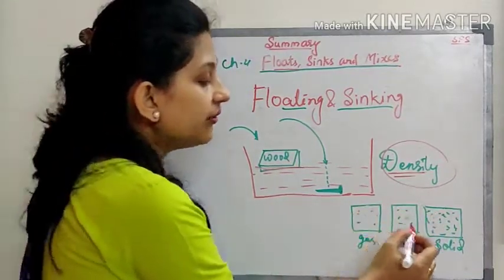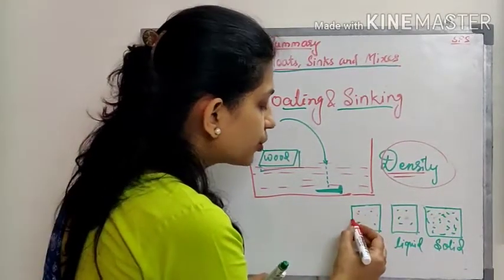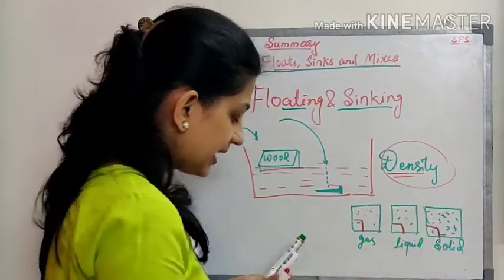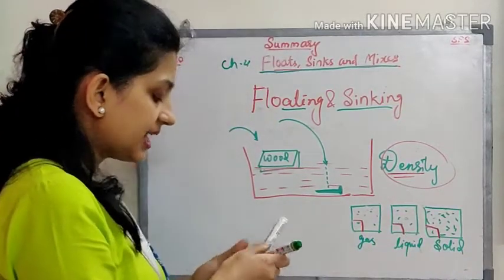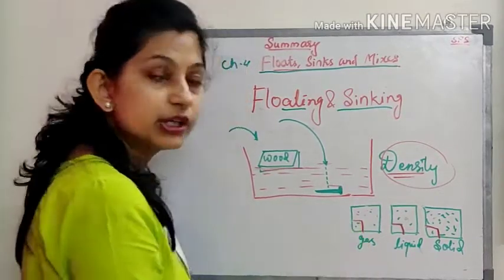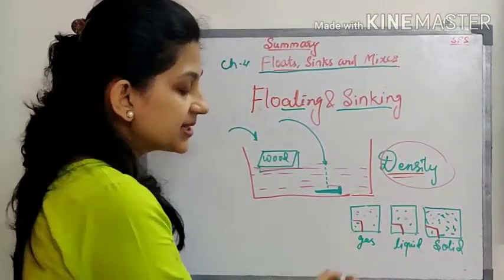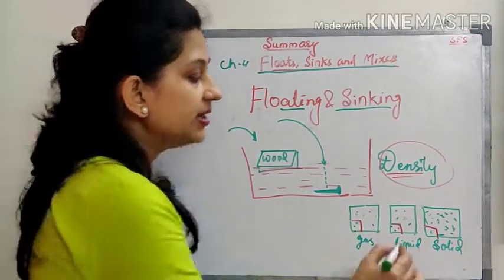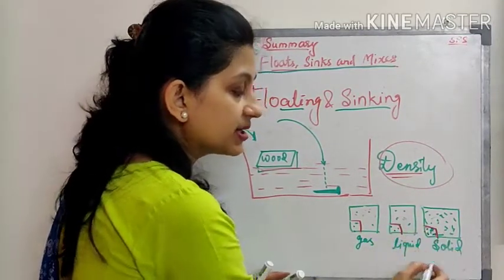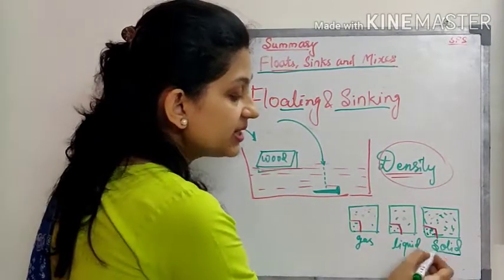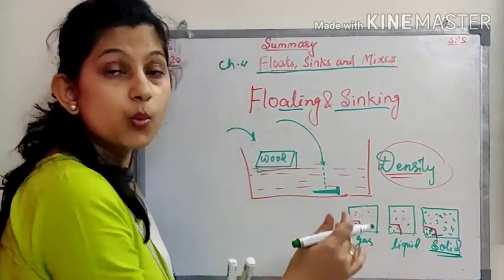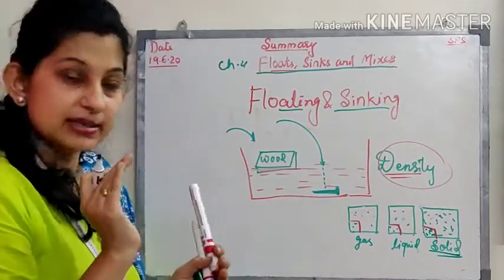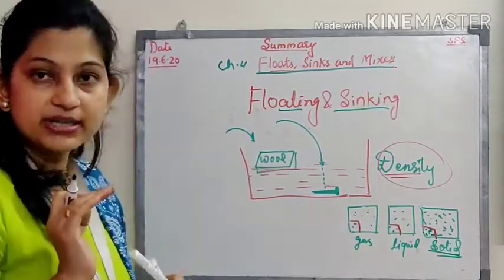If I compare the same small portion, then in gas there are only 1 or 2 particles, so its density will be lesser. In liquid 2-3 particles, and in solid there will be so many particles. So what will you say? The solid's density is most, because it has more particles in a particular space. Now it is clear.